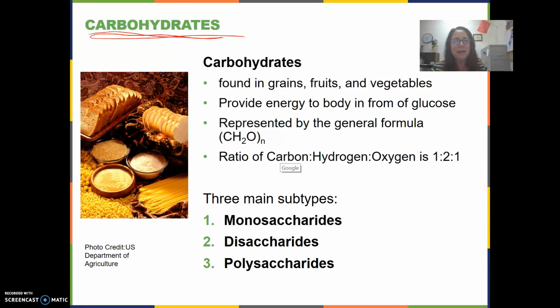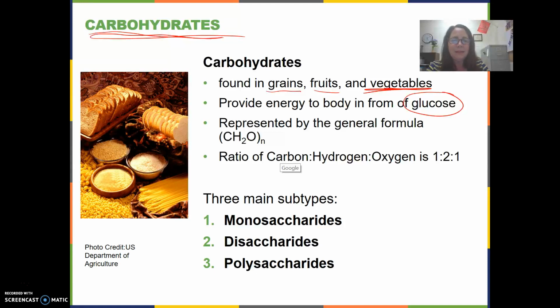And of course, different types of sugars are carbohydrates. So carbohydrates are found in grains, fruits, and vegetables. Carbohydrates provide energy to the body in the form of glucose. So even if it's a carbohydrate like starch, it will break down into glucose, and your cells will use that glucose for energy.